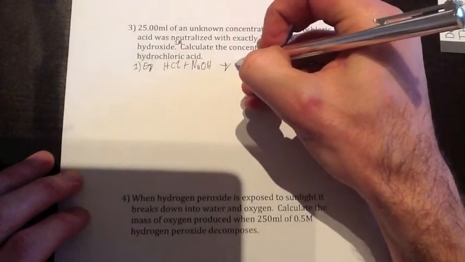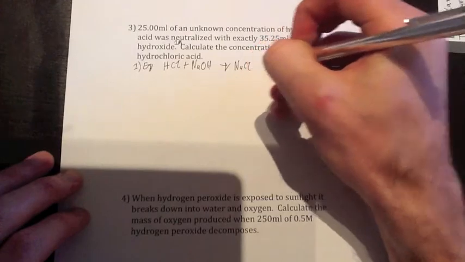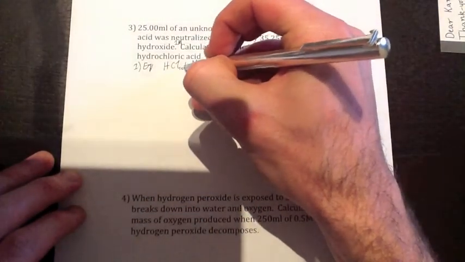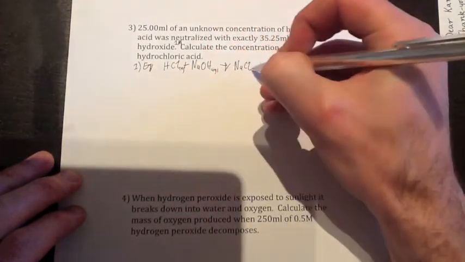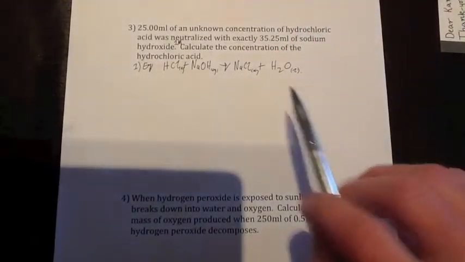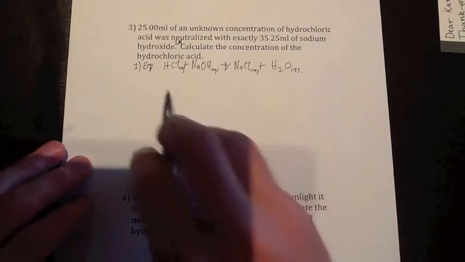It's going to form a salt, which is going to be NaCl, plus water, H2O. There is our reaction. This is going to be aqueous, this is going to be aqueous, this is going to be aqueous, this is going to be liquid. Okay, states in there as well. Always nice to put your states in because otherwise you lose a mark.